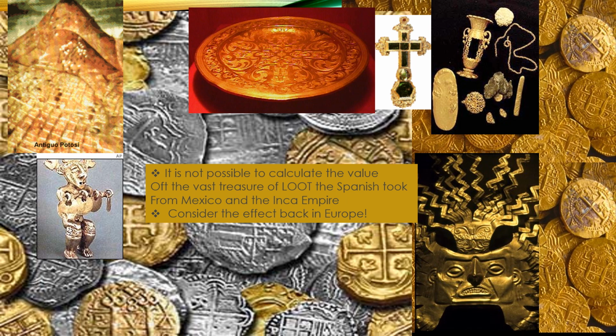Now I want you to consider the effect of what's going on back in Europe with all this gold and silver. What Spain is using this stuff for is to fund a gigantic series of wars based on religion back in Europe. Everybody in Europe understood the Spanish were robbing the Native Americans in the New World and taking that money to Spain and funding these wars.